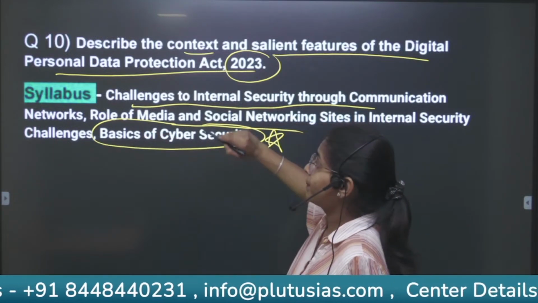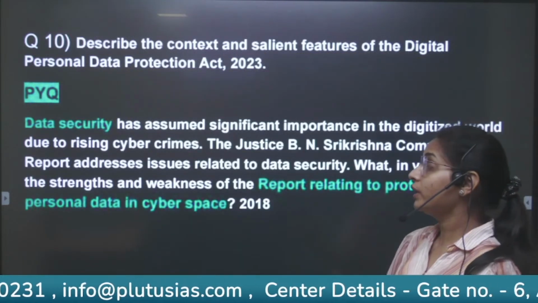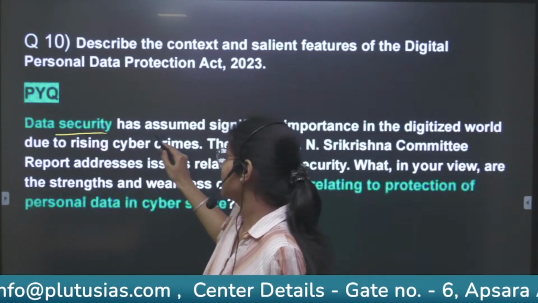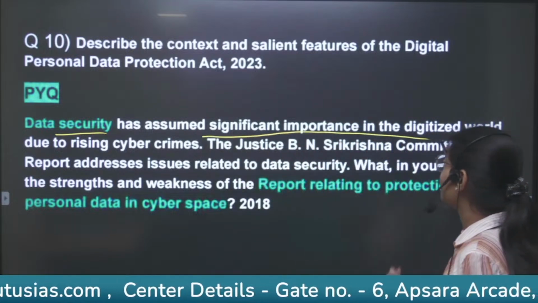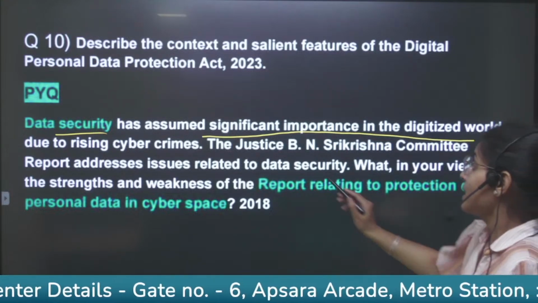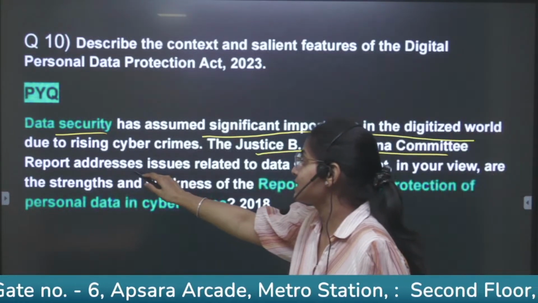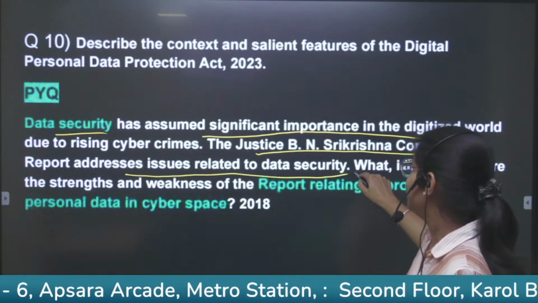Due to these topics, this question was expected, and even in the past they have already asked about it: data security has assumed significant importance in the digitized world due to rising cyber crimes. The Justice B.N. Srikrishna Committee report addresses the issues relating to data security.